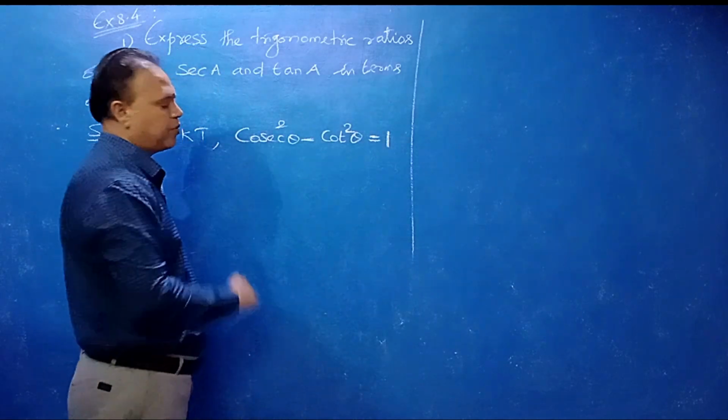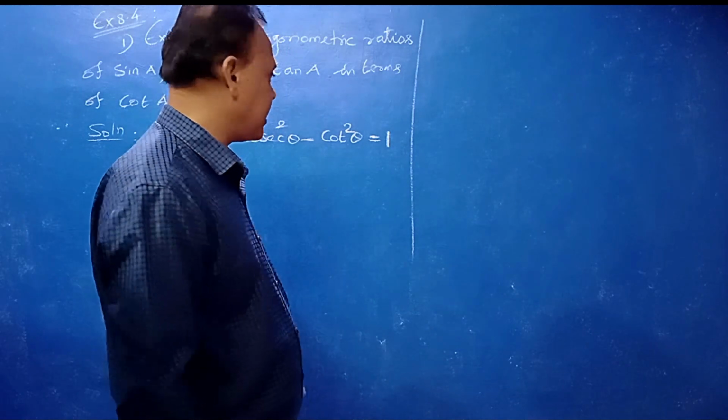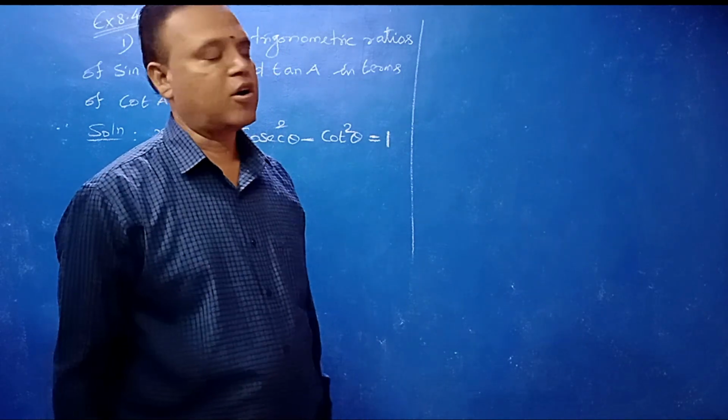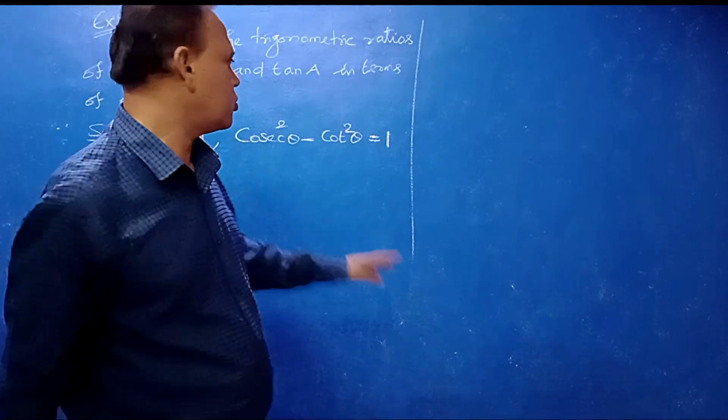That identity you have to remember. That is the 7th identity. I have given 9 identities. That 7th identity, the super hexagon, you remember: cosecant square theta minus cot square theta equals 1.